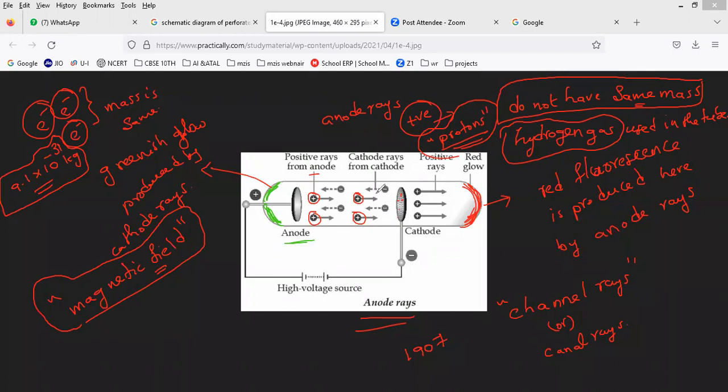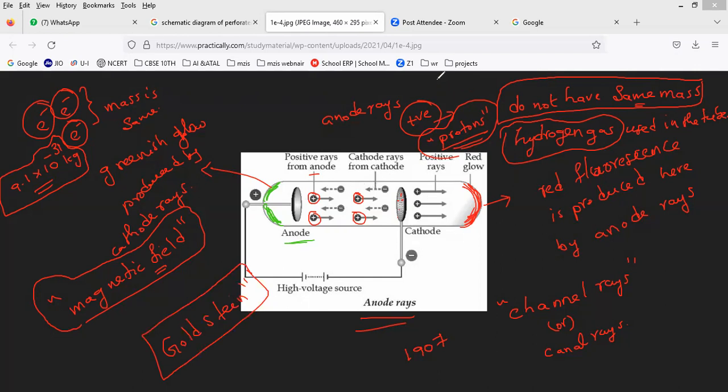Now let us see how and why these cathode and anode rays are produced. This experiment was conducted by Mr. Goldstein, and how he conducted it and what he discovered is clear. Now we are going to study how and why cathode and anode rays are produced.